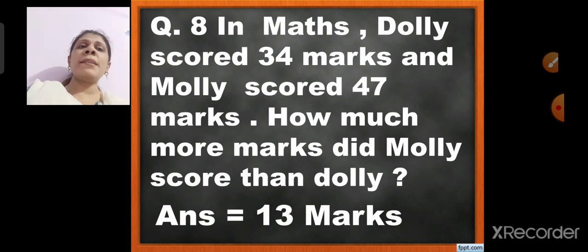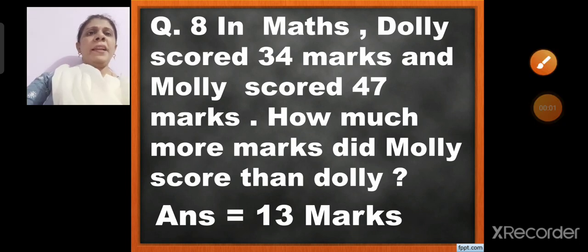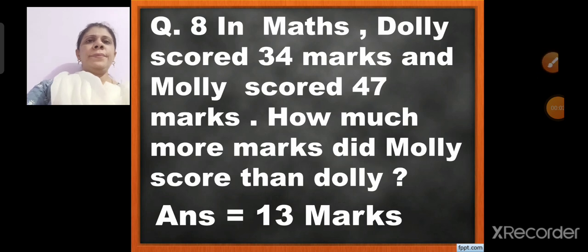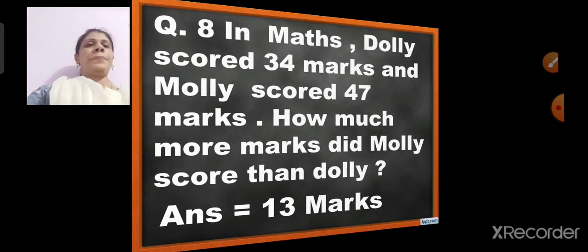So how much more marks did Molly score than Dolly? Children, subtract now. I am not going to show you now. You subtract in your book and tell me the answer. So come on children, tell me what is the answer? Yes, 13 marks. When we subtract 47 marks minus 34 marks, we get our answer 13 marks. She scored 13 marks more.